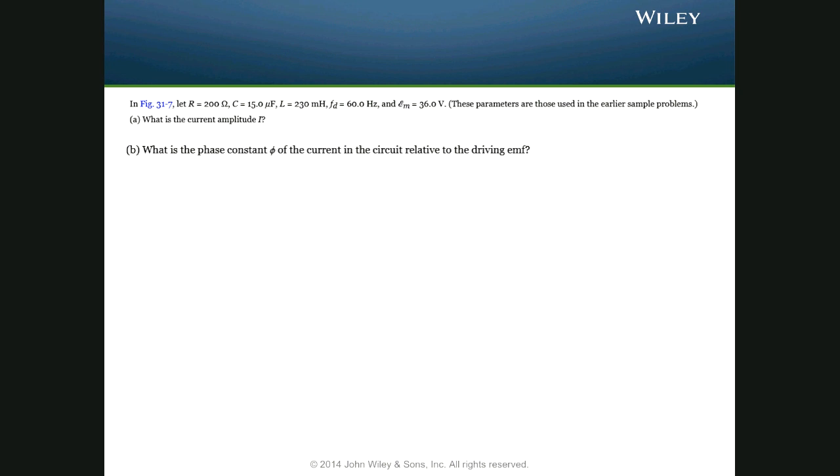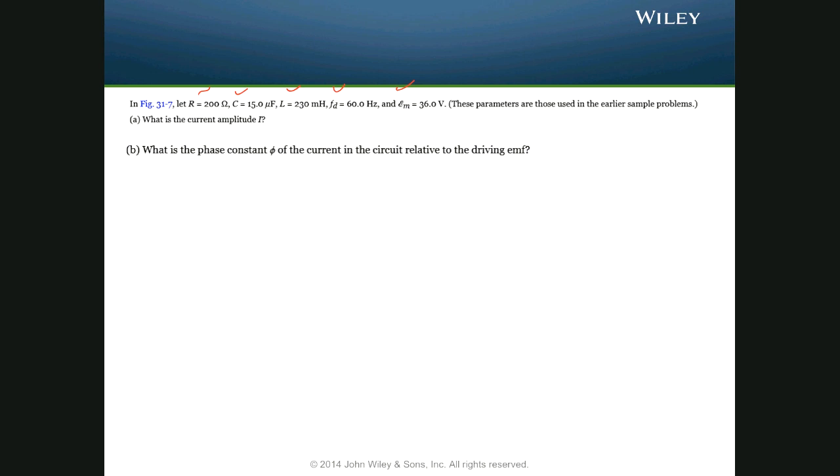All right. So let's work through this example, and you're going to see that there's more that we need to solve. I'll get you structured, and then I'll let you finish it off. So we have these given values of R, C, L, FD, and our electromotive force.